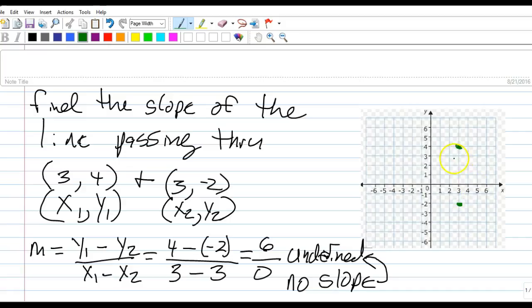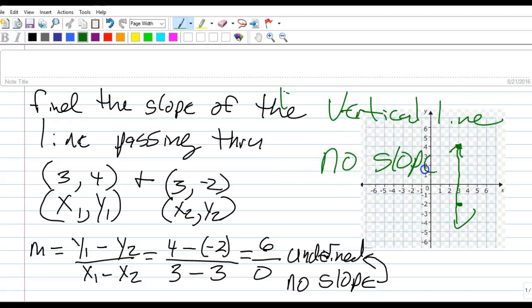Now if I draw the line that connects these 2 ordered pairs, we'll see that that line is a vertical line. And vertical lines have no slope. That is to say, the slope is undefined.